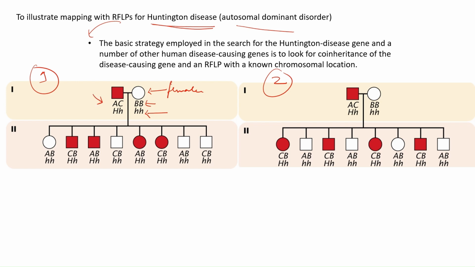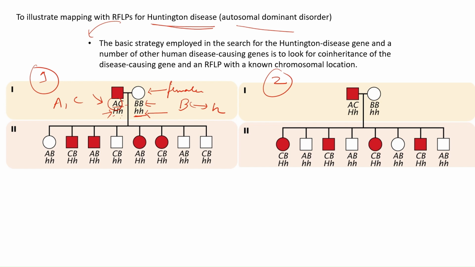Whereas the male parent, the father, has capital H and small h, that is one dominant allele for the disease, and also carries the genes A and C. So the mother has only the B gene, whereas the father carries A and C genes. Because the mother has only the B gene and the small h allele, we can say that the B gene is linked with the small h allele of the disease. Now, A can be linked with capital H or small h. Similarly, C can also be linked with capital H or small h.